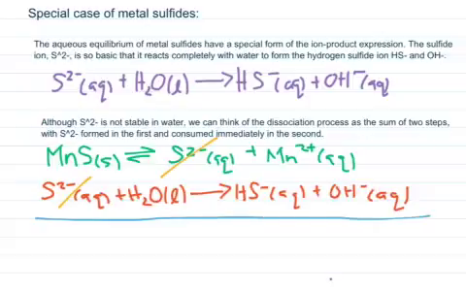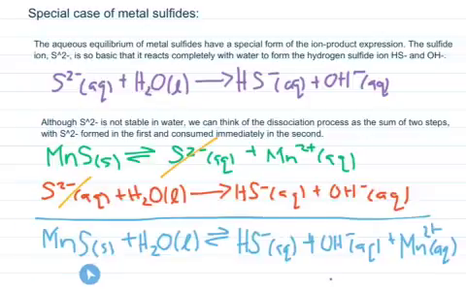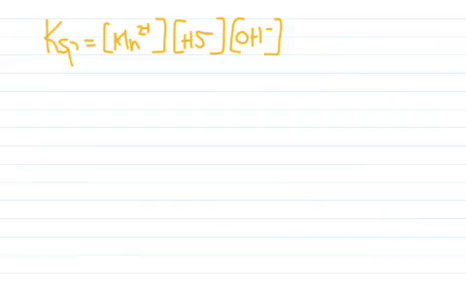So we are given manganese sulfide plus water forms HS- plus hydroxide plus our manganese ion. Now when we write this as our Ksp, we're going to get the manganese ion, HS-, and hydroxide. Remember that the manganese sulfide is a pure solid, so we cannot write that into our Ksp. And water, because it's a pure solvent, we will not be writing that down either.